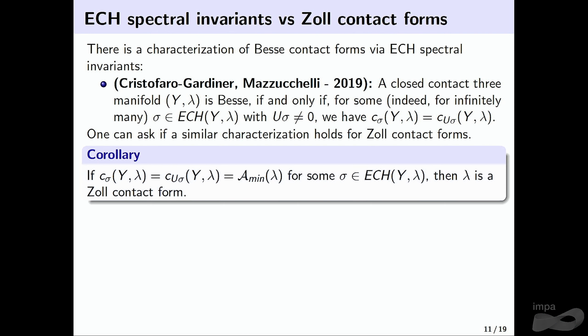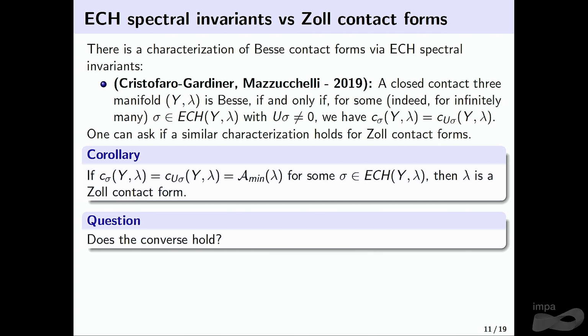If you look carefully in their proof, Marco and Dan prove that if c_σ is equal to c_{Uσ}, then this is Besse. But if you add the hypothesis that they agree with the minimal action, you can prove that this is Zoll. It's just two small changes you need to make in the argument.